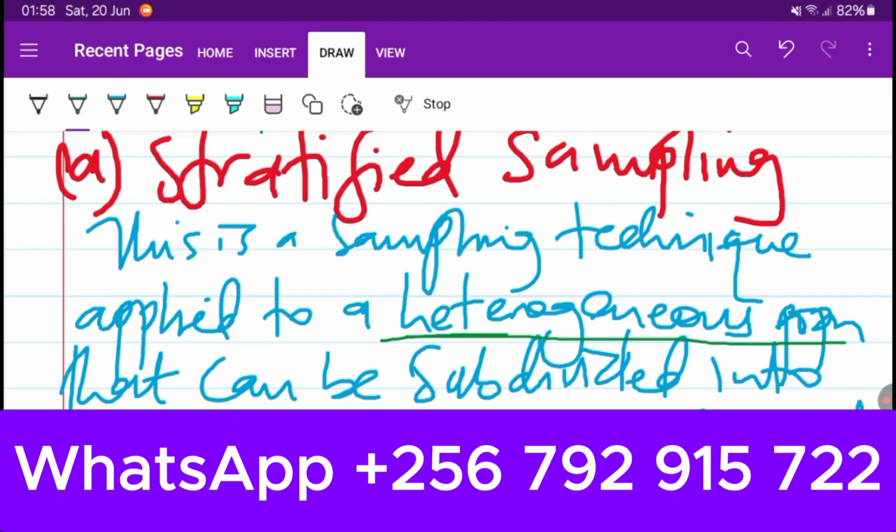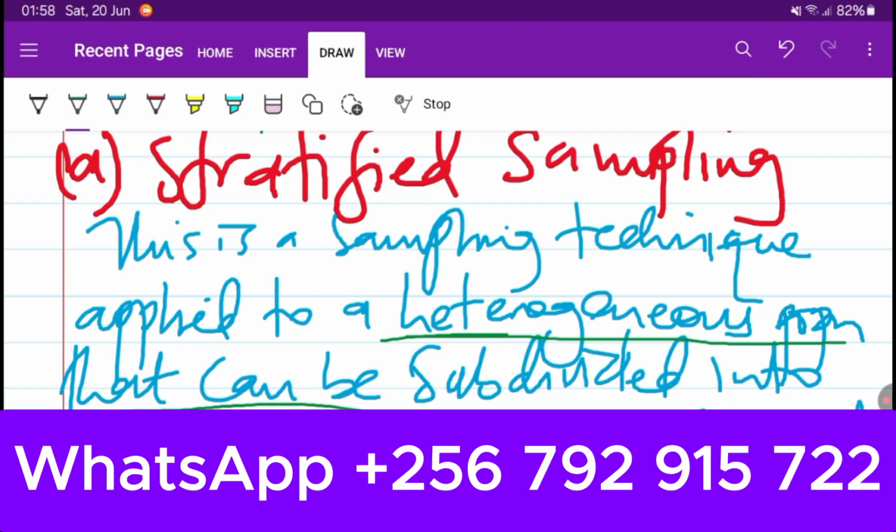Then homogeneous means this is the population that has the same attributes or features. For example, you can have a group of people maybe from the same tribe.